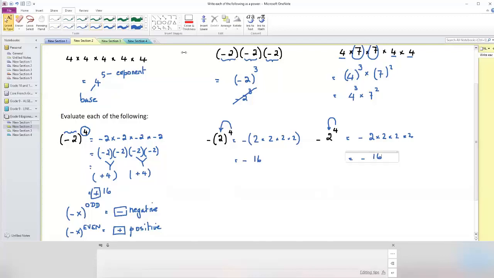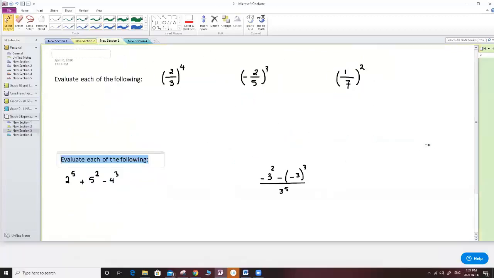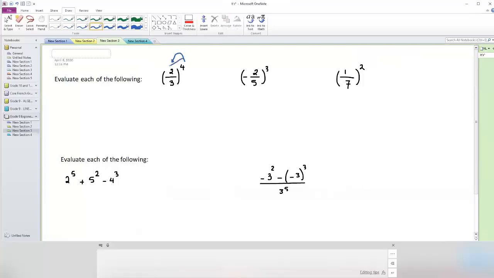Next, evaluate each of the following. Here, there is a fraction. The fraction means that the 4 affects anything inside, the 2 and the 3, both of them.